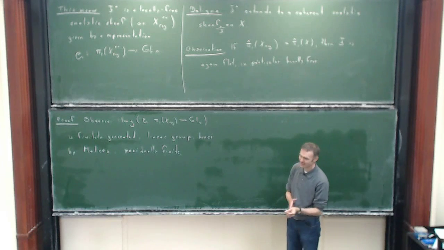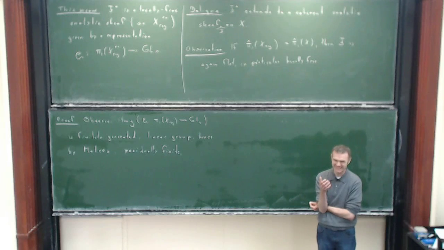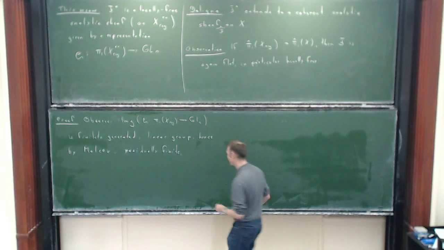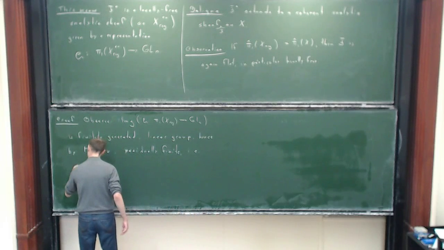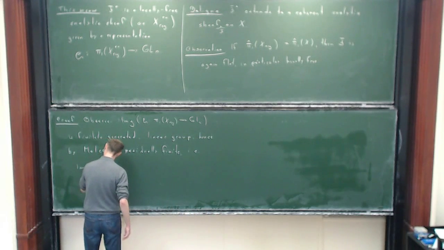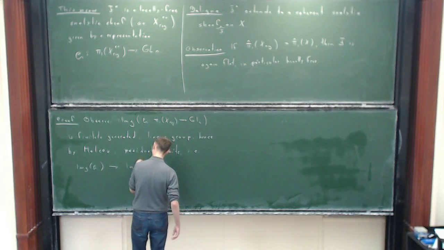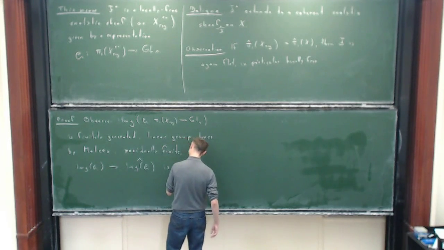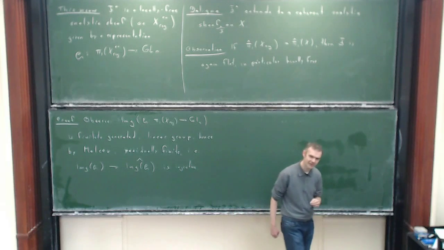What does residually finite mean? It means that the profinite completion morphism is injective. So that is the map of image rho into its profinite completion. So this is injective. And interestingly, this is enough to extend flat sheaves.